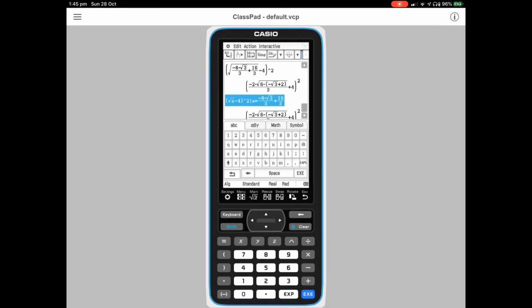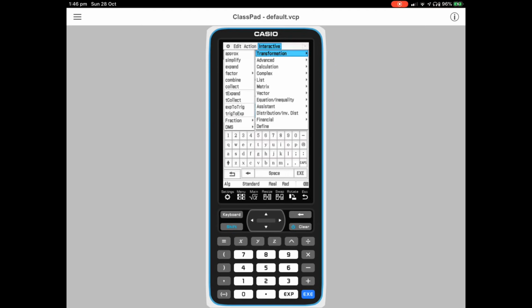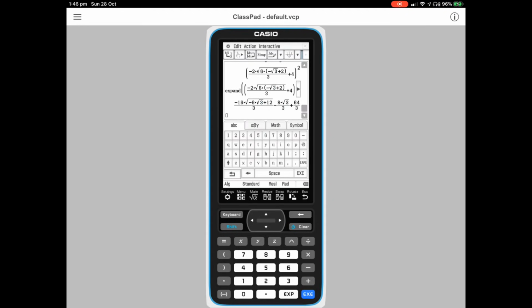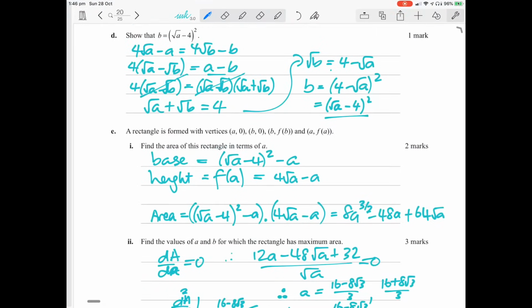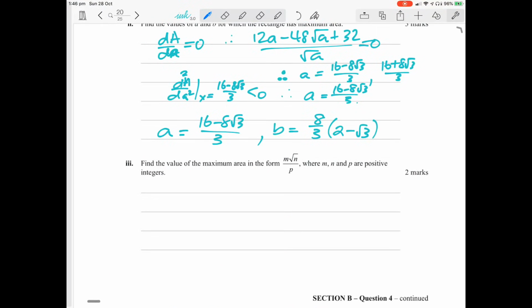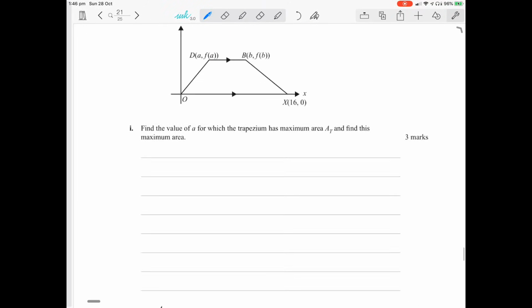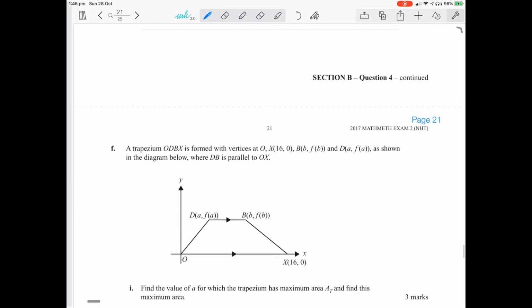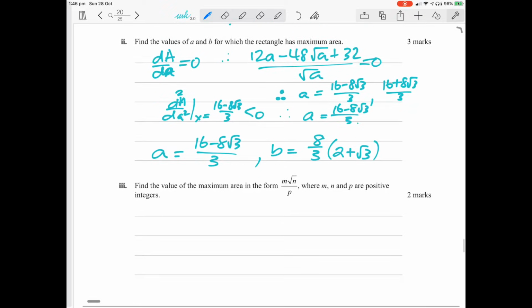Copy. Let's go down here. Paste. So expand and then simplify. So it's a plus, it's not a minus. Bloody hell, this question goes on forever. Thought it was going to be a good exam.